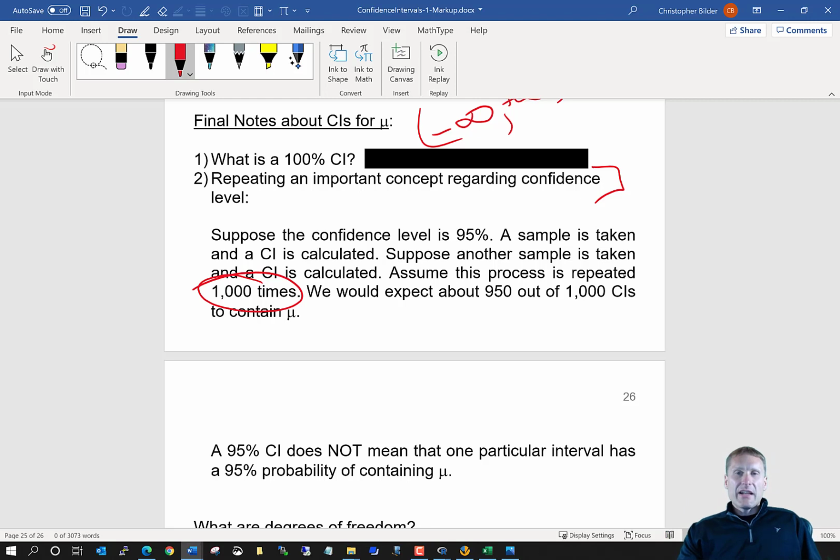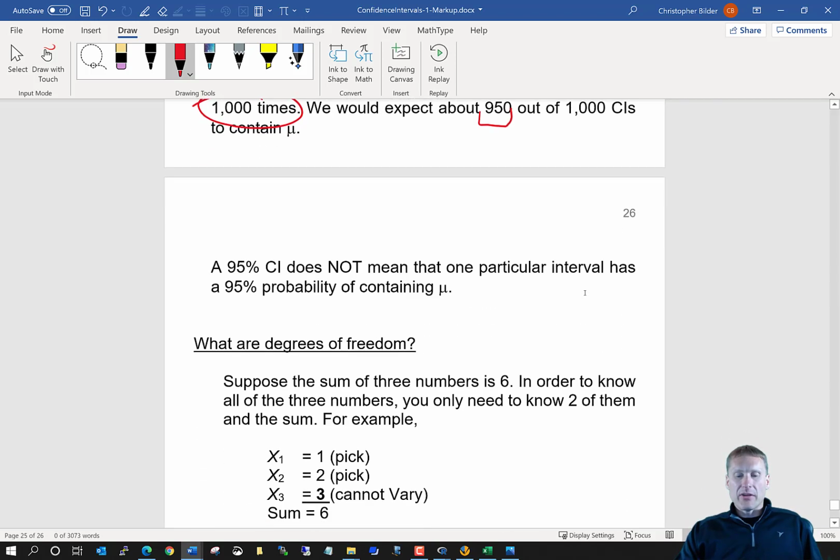Since each of them is a 95% confidence interval, approximately 950 of them will actually contain this value of mu. 50 of them will not. That's how you interpret the confidence level. An individual interval itself does not have a 95% probability that it works, meaning it contains the population mean.